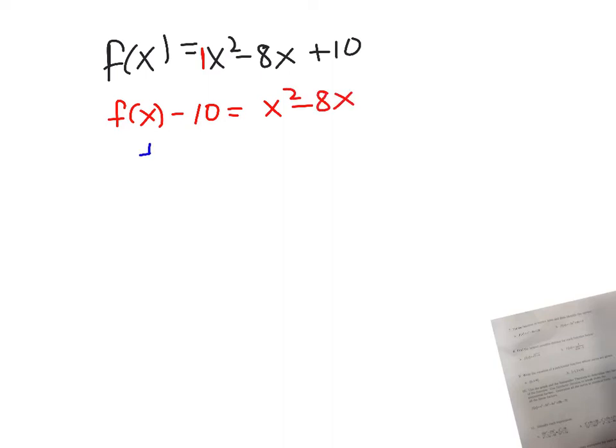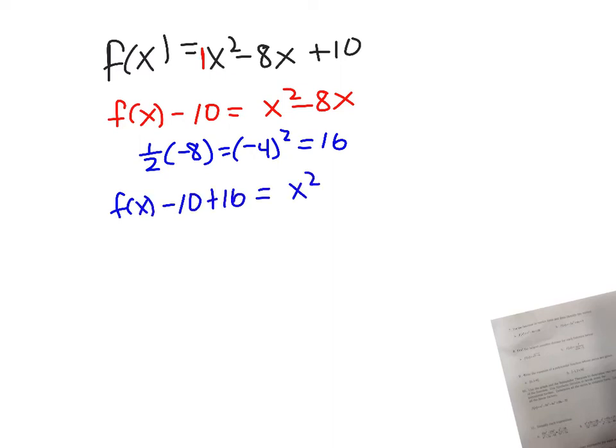Remember, now I do half of negative 8, which is negative 4. Squared is 16. Add that to both sides. On the left side, I have f of x plus 6 equals, now I get my parentheses squared, x minus 4 squared.